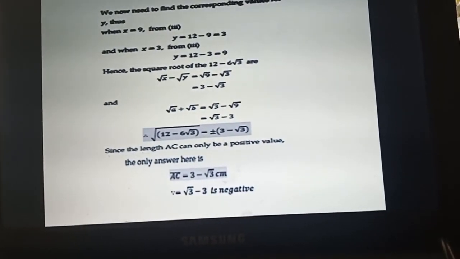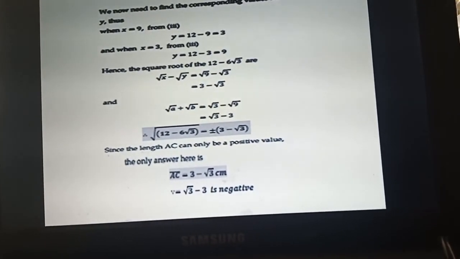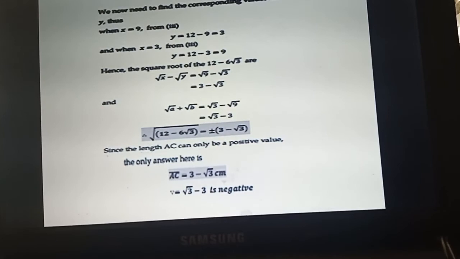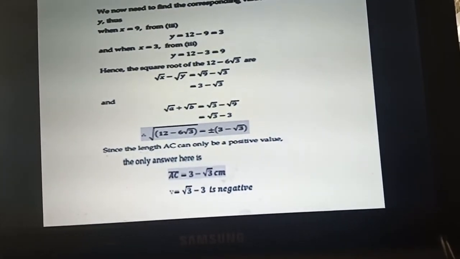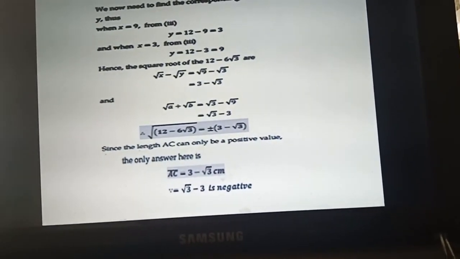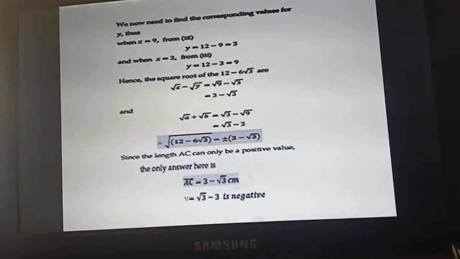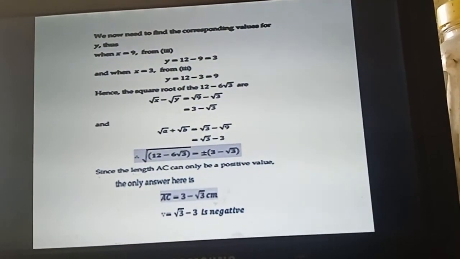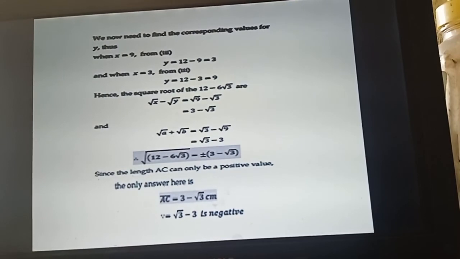So our AC here is equal to 3 minus root of 3 centimeters. So from here, I think we are done with this one.